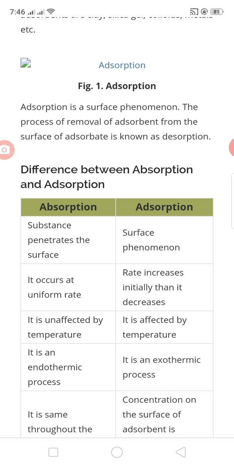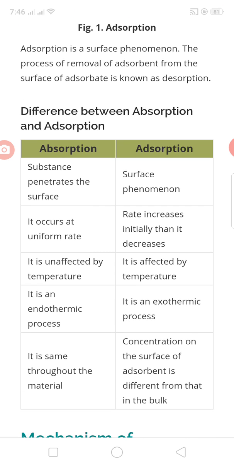Number 4, absorption is an endothermic process. इसमें हीट यानी जज़ब होती है एब्जॉर्प्शन में. नंबर 4, while adsorption is an exothermic process, इसमें हरारत खारिज होती है. नंबर 5, absorption it is the same throughout the material, while in adsorption number 5, concentration on the surface of adsorbent is different from that in the bulk.